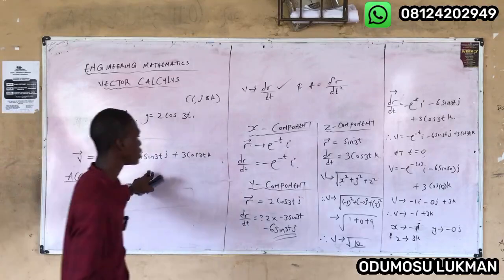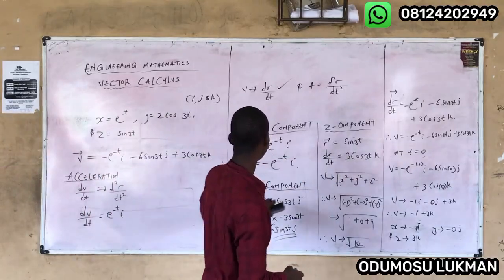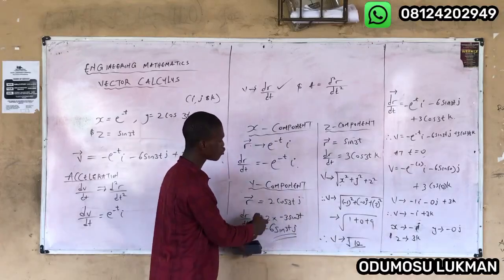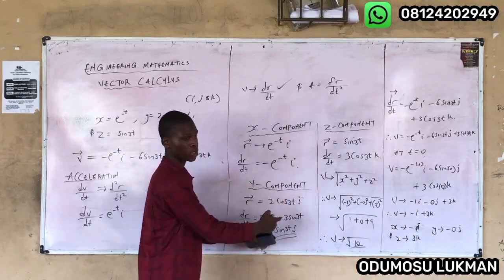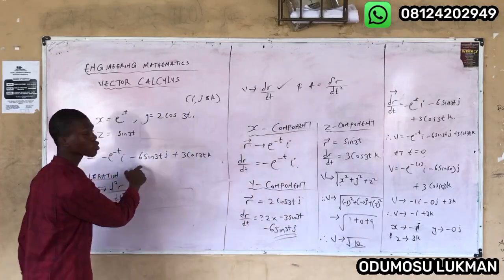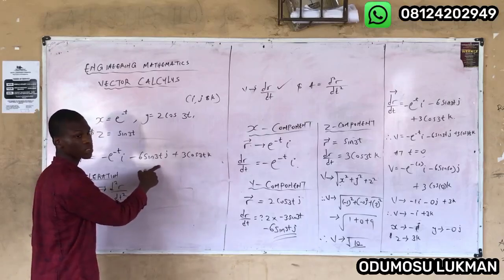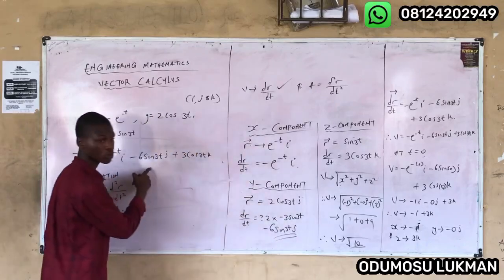What we did initially, recall when we had something like 2 cos 3t, we said this 2 is multiplied by the derivative. How do we differentiate this? You differentiate this by the same idea you used here.